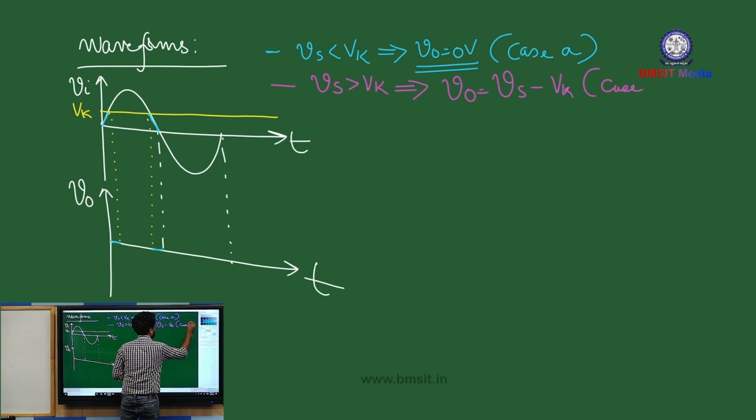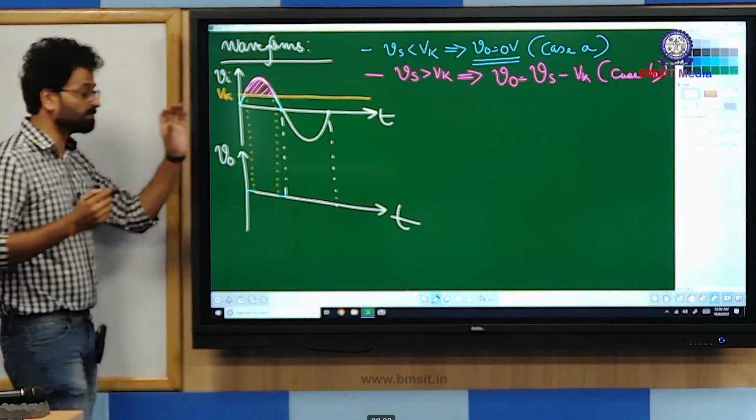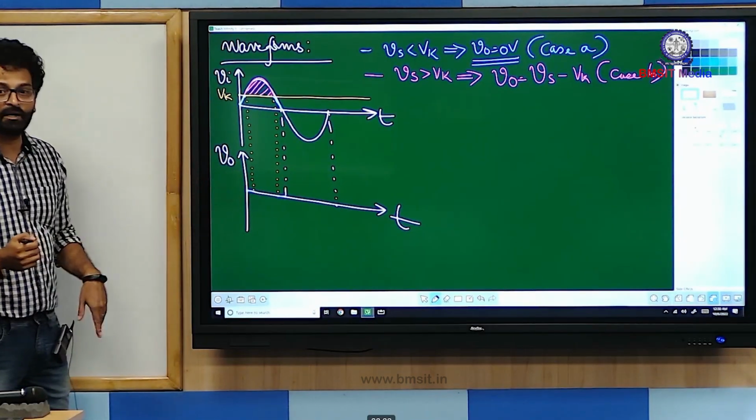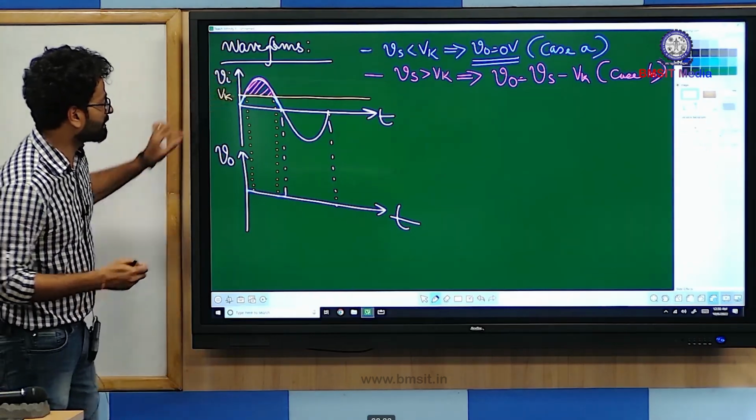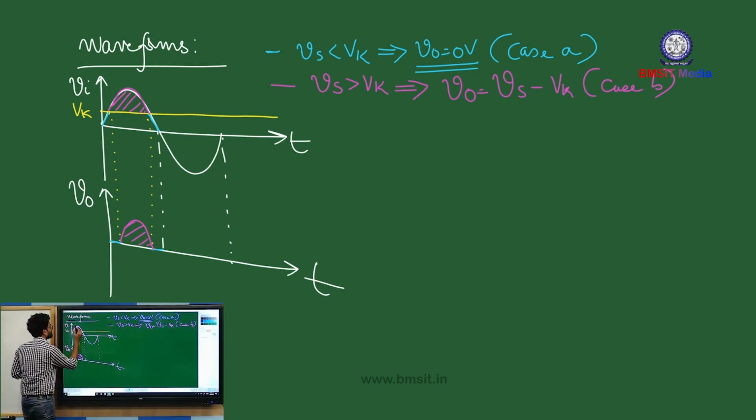And this is case B. So when your input is greater than Vk, your output is Vs minus Vk. That means this shaded region, which is marked in pink color, should be drawn in the output waveform. So this shaded pink region should be redrawn here.